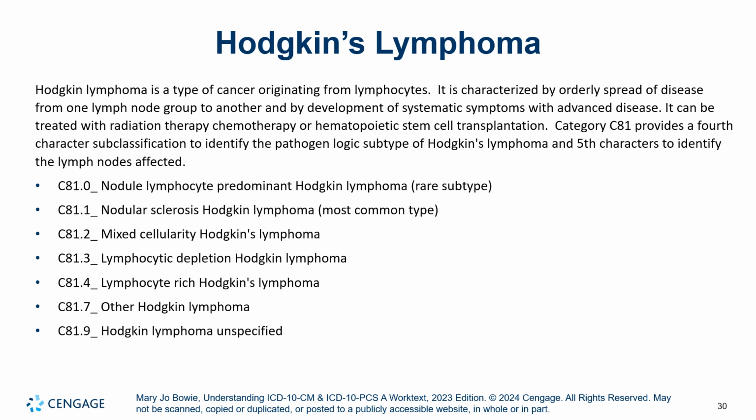It can be treated with radiation therapy, chemotherapy, or hematopoietic stem cell transplantation. Category C81 provides a fourth character subclassification to identify the pathologic subtype of Hodgkin's lymphoma, and the fifth character is to identify the lymph nodes affected.